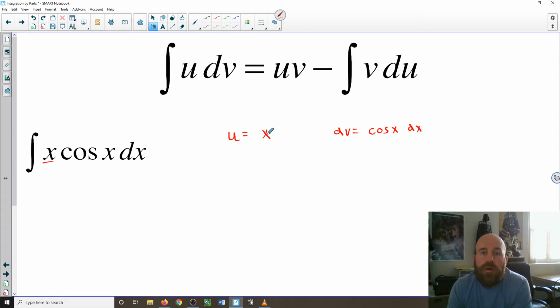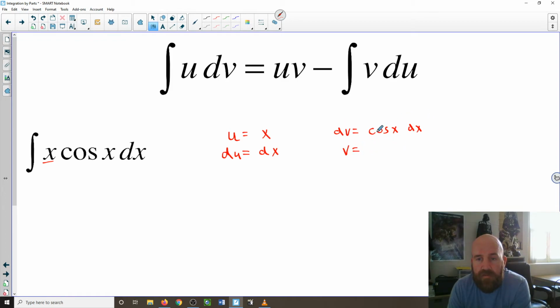Okay, so now the key here is we need to find a du. So derivative of x is just dx. We have dv, so we need to find the antiderivative to get to a v.